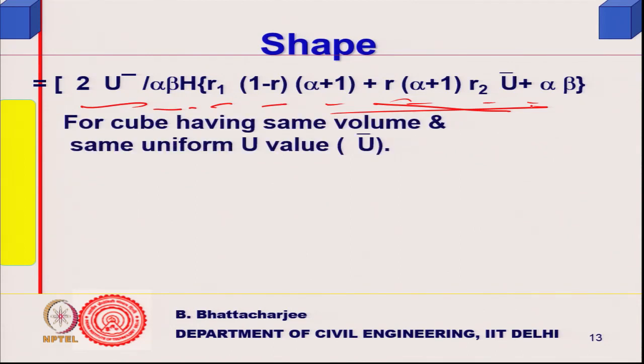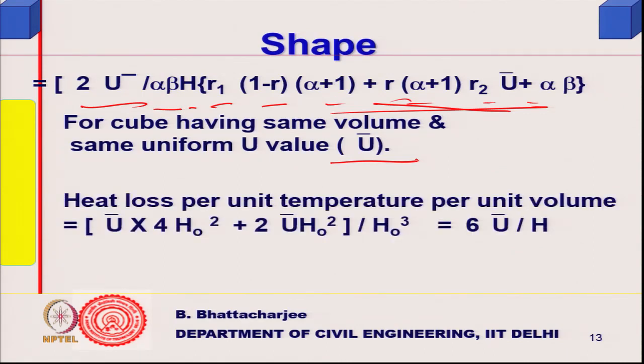For a cube having the same volume, and divided by, of course, per unit volume, let us say u bar is the uniform u, and I have 6 surfaces. The heat loss per unit temperature per unit volume will be given, because everything is u bar. It is a cube. So, what is the surface area?